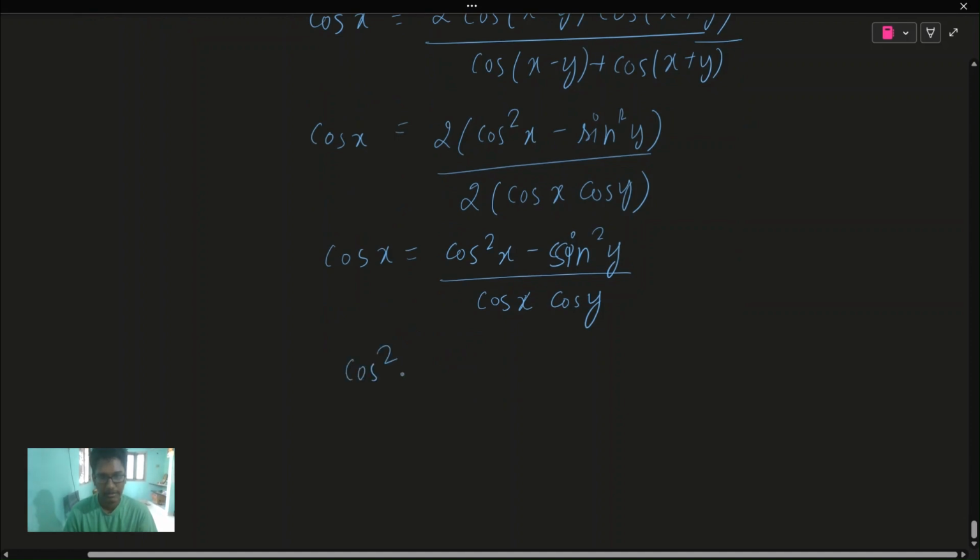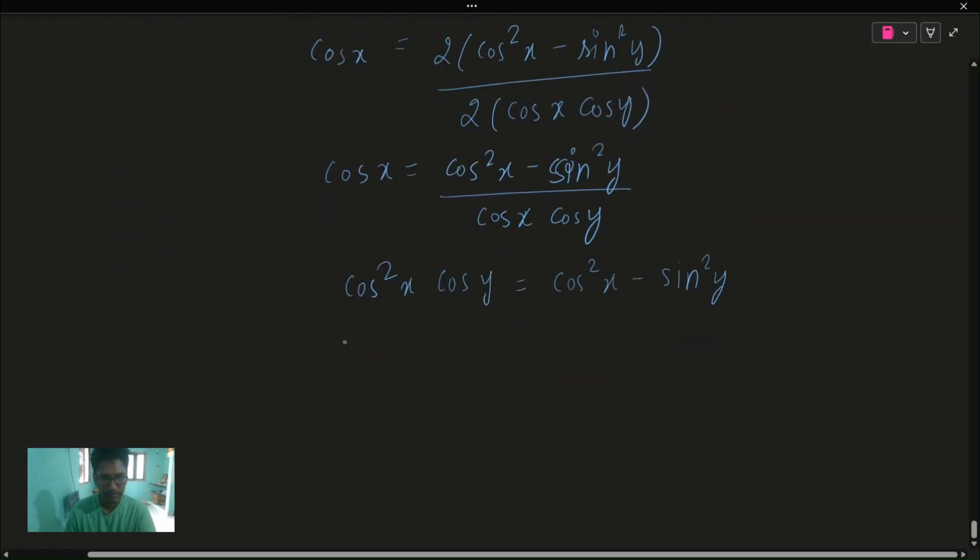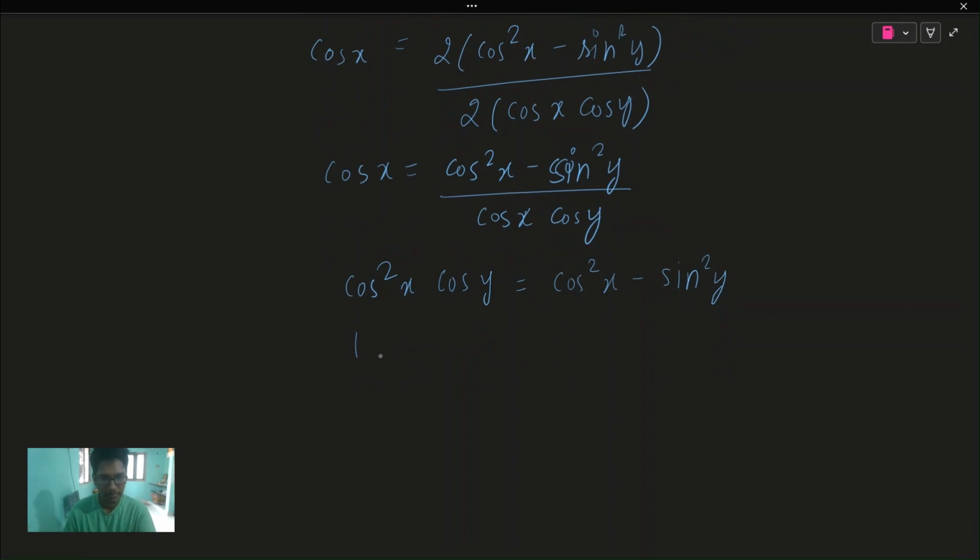Now 1 minus cos Y of cos square X. I'm just taking cos square X as common, 1 minus cos Y is equal to sin square Y. I'm just making it positive and transferring this to the RHS and sin square Y to LHS.